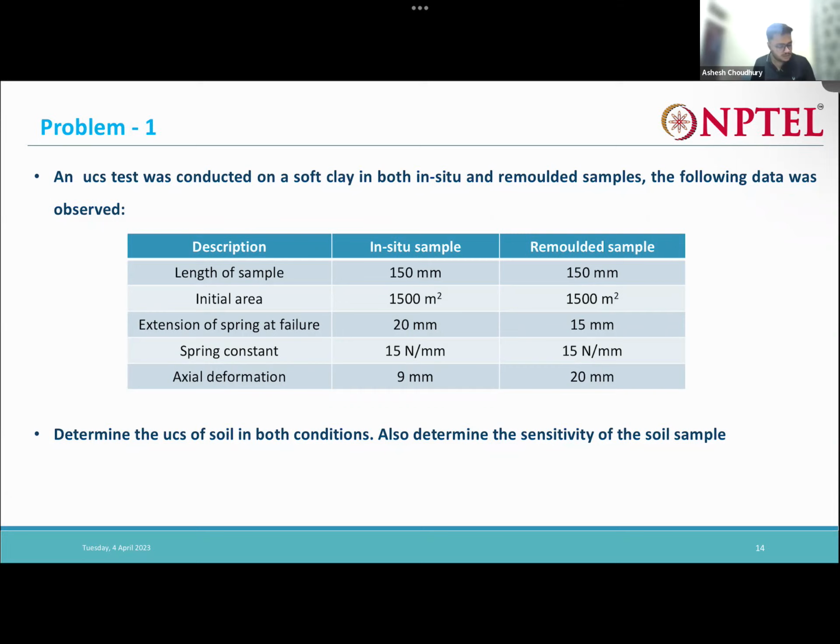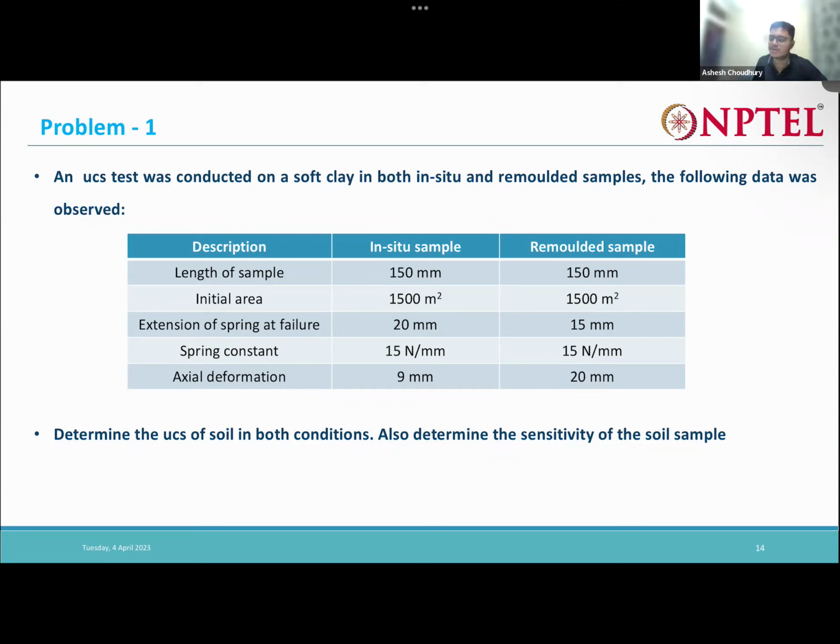So let us now go to the problems. The first problem: a UCS test was conducted on a soft clay, on both in situ and remolded samples. So we have both an in situ sample and a remolded sample. If you recall, what are in situ and remolded samples?